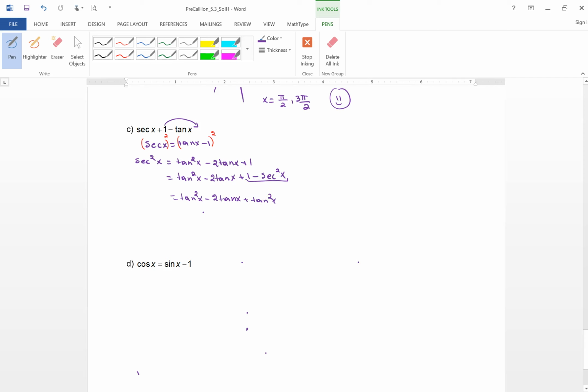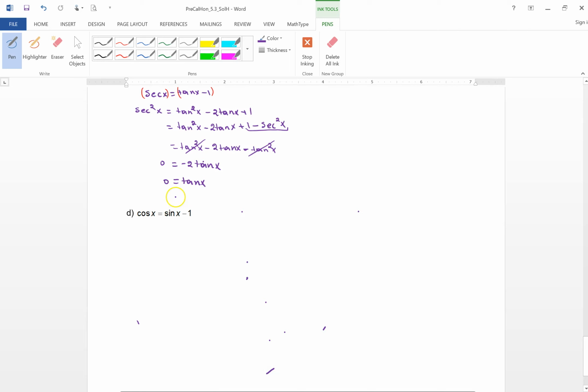So what I have now, that's a minus secant squared x. So what I have now is that these go away. And I have 0 equals negative 2 tangent x. So 0 equals tangent x. And where is tangent of x 0? At x equal to pi.